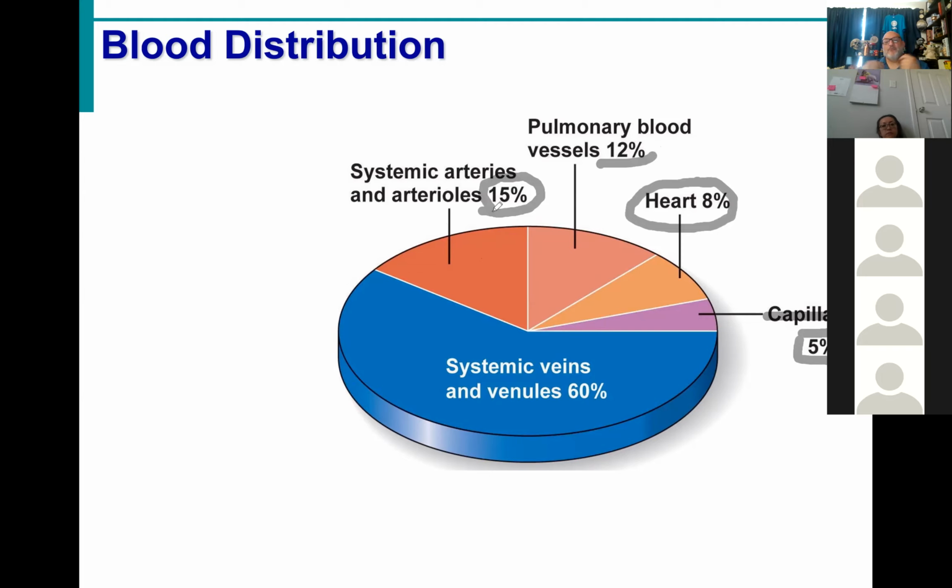Veins are much more numerous in volume. They're much lower pressure. They have to fight gravity to get it back. And so a large portion of our blood is just slowly chugging along inside of our veins, working its way back to the heart.